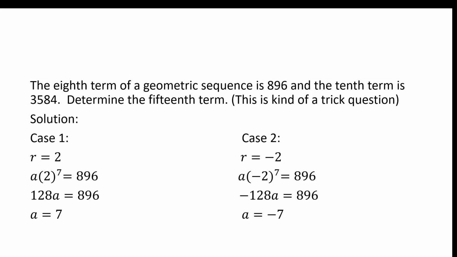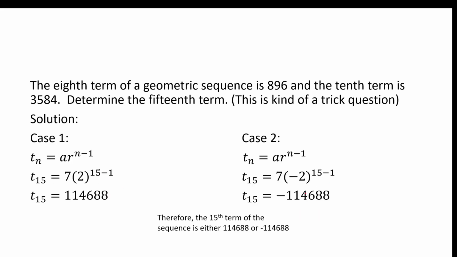So in case 1, if R is equal to 2, then we end up with A equaling 7, because A times 2 to the 7 will equal 896. 128A equals 896, A is 7. But in the case that R equals -2, we ultimately get -2 quantity to the 7 times A equals 896, meaning -128A equals 896, meaning A equals -7.